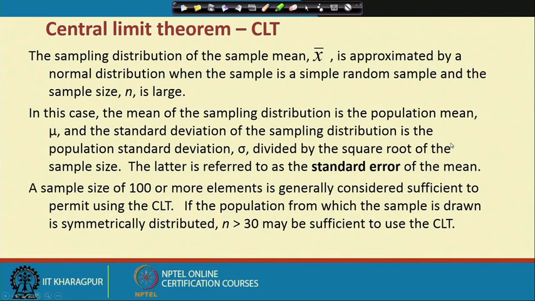This is a structure called the central limit theorem, and this theorem gives the idea that when you increase the sample size one after another, the particular distribution will be close to the normal distribution.